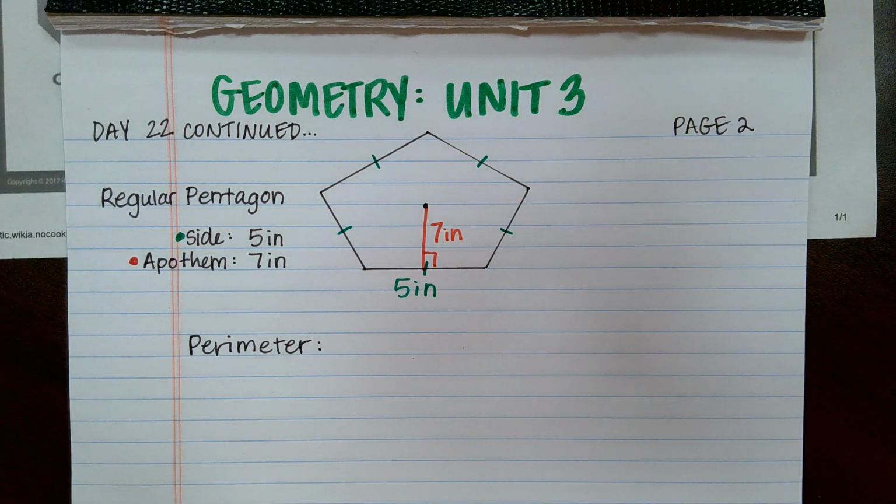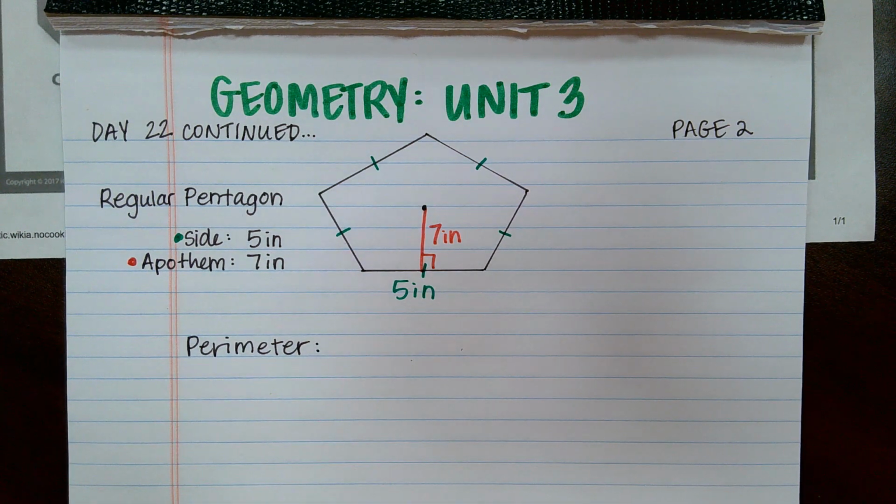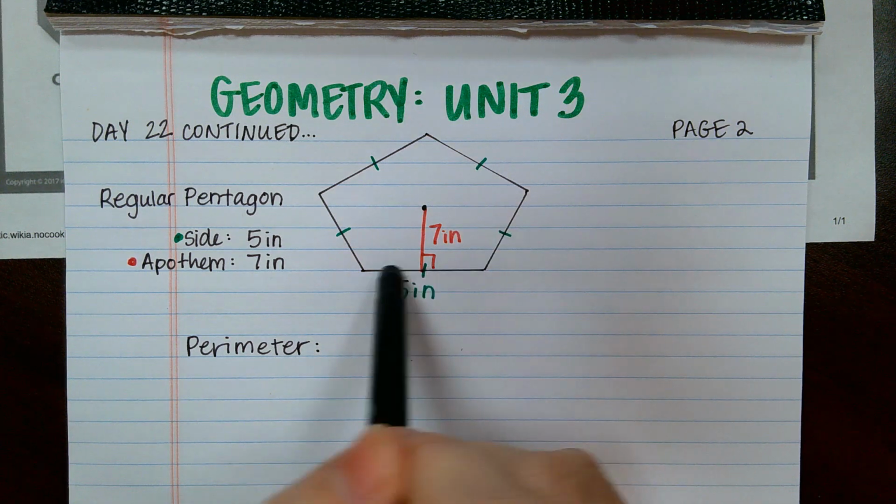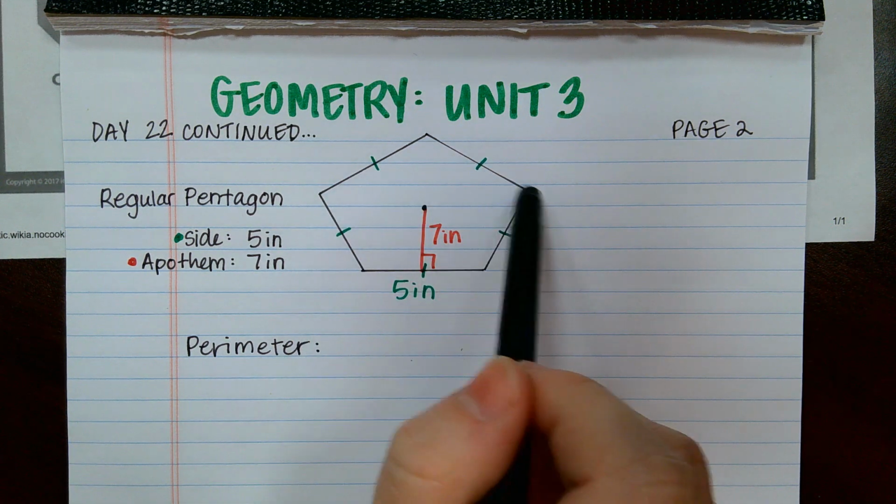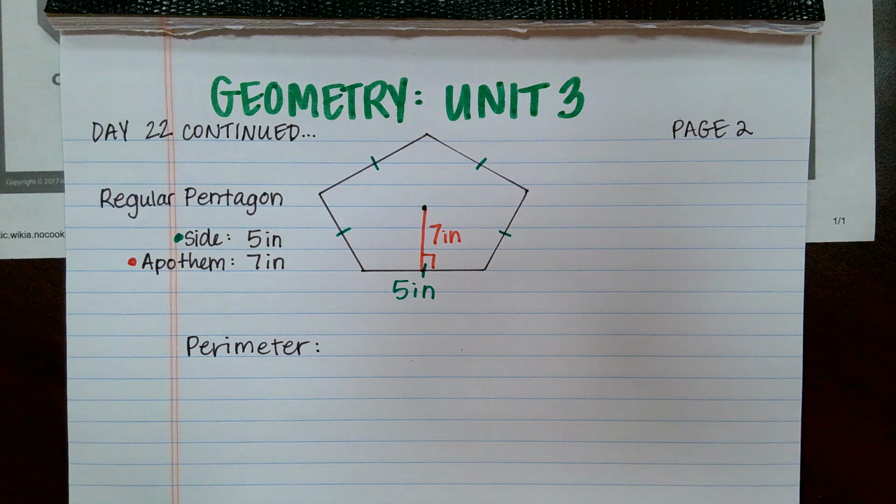So how would I find the perimeter of this pentagon? Use the formula we just got. Perimeter. Isn't that the 5 plus the 5 plus the 5 plus the 5? Yes. So there's 5 sides on this pentagon. Each side is 5 inches.